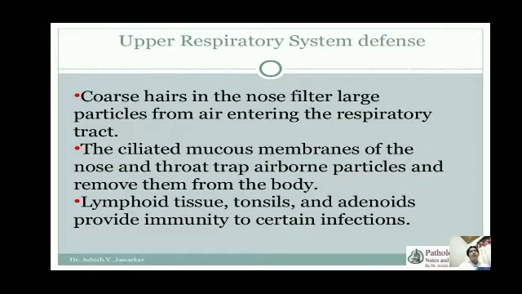Next, the upper respiratory system defense. The coarse hairs in the nose filter large particles from air entering the respiratory tract. Let me have this in vernacular. Ang mga balibo sa atong sulod sa atong ilong mo-filter sa mga hugaw o rabok na ma-inhale na mosulod sa atong respiratory tract.